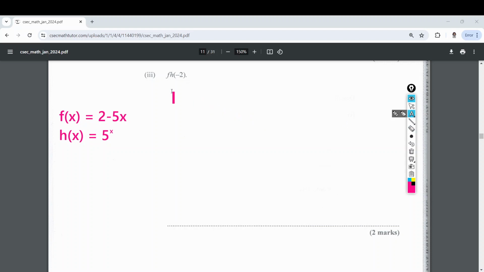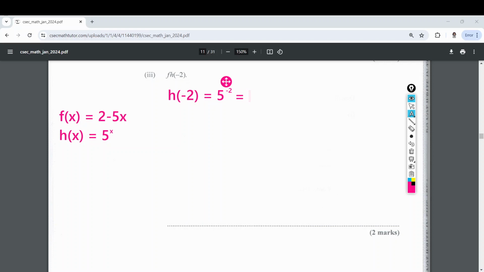The easier way, guys, is just to find h of minus 2. And if you find h of minus 2, guys, that's just going to be 5 to the minus 2, right? And 5 to the minus 2, guys, is actually the same thing as what? 1 over 5 squared, right?